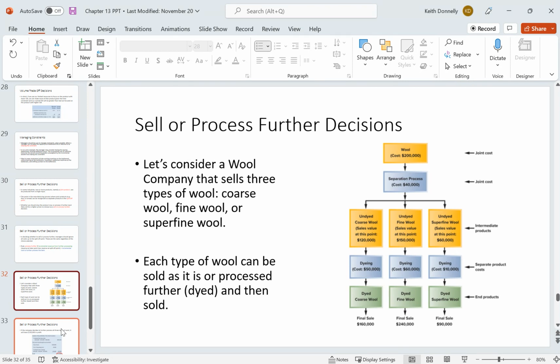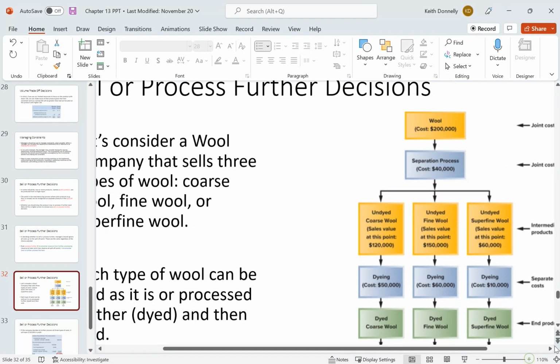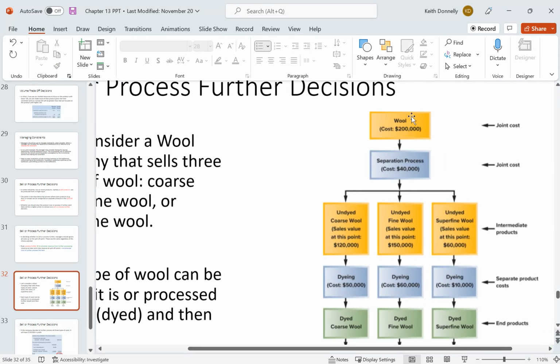Now, each type of wool can be sold as is, or it can be processed further, dyed, and then sold. So if we look over here, we have wool, it's a joint cost, and then we could have undyed coarse wool, undyed fine, undyed super fine. So it's joint cost, then we get into our 3 different products here.